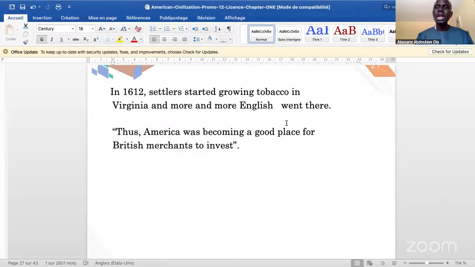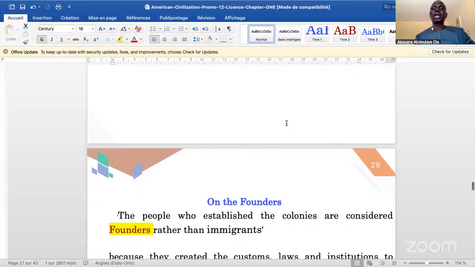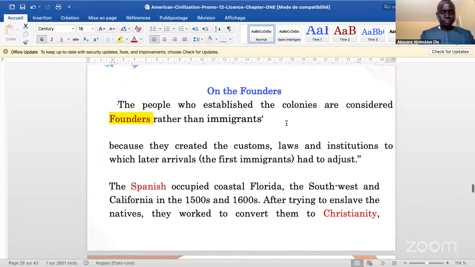So you see, the land was interesting. Agriculture was a good thing. When the English settlers arrived in Virginia, they started growing tobacco. Thus, what is the result? America, the new land, the new world, was becoming a good place for British merchants to invest. So America became an attractive land, a land of opportunities.